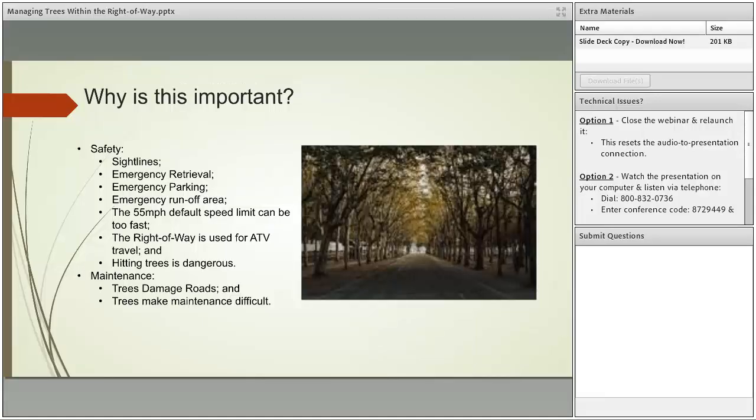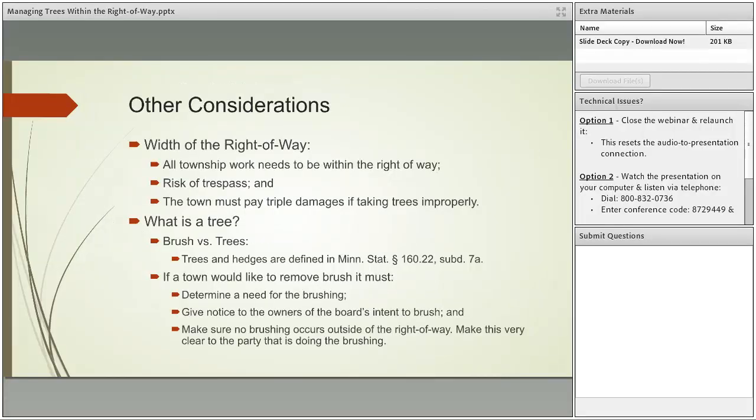As for maintenance, trees damage roads. The roots just get underneath the road and they cause the road to buckle and shift in ways that it shouldn't, and that creates expense for the towns, something that's preventable much earlier than later down the road when the trees actually start to cause damage.